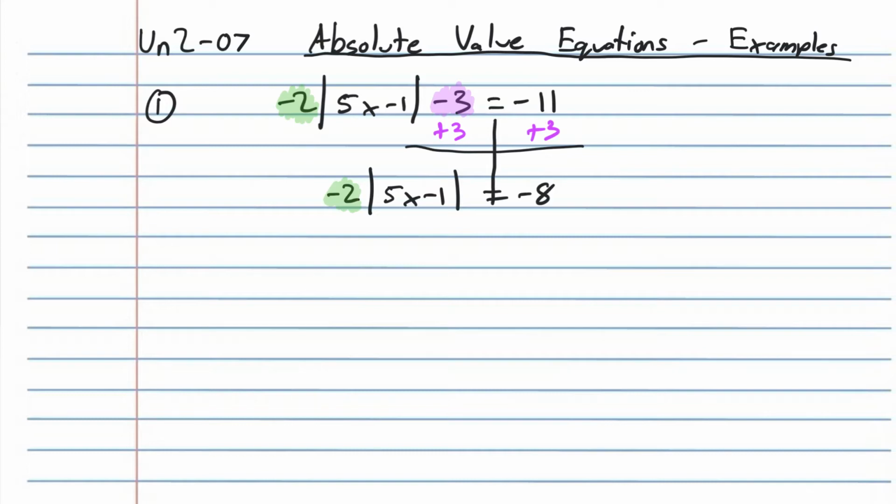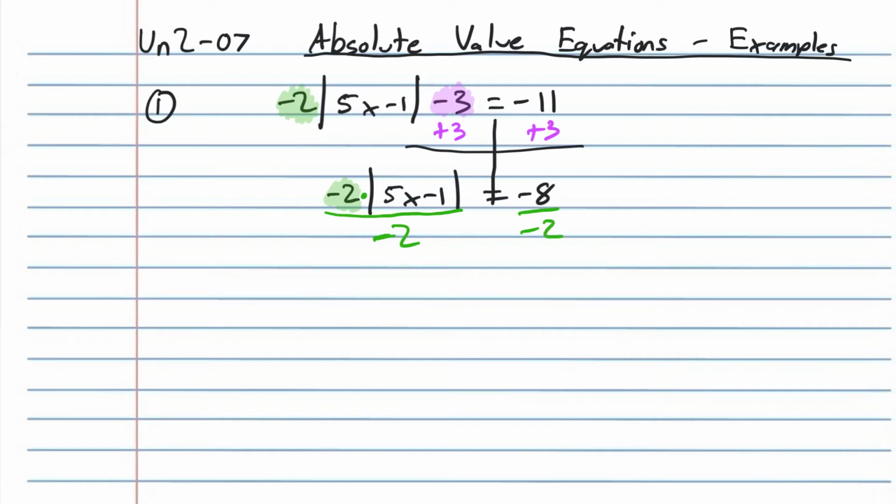Okay, they're not going to write it in there, but there should be like that invisible multiplication symbol. So to get rid of that -2, we can't distribute it, but we can do the opposite, and we can do divide by -2. Whatever you do to one side, do to both.